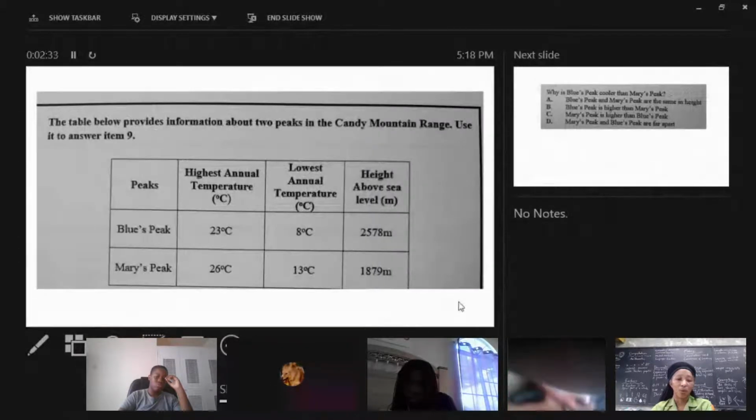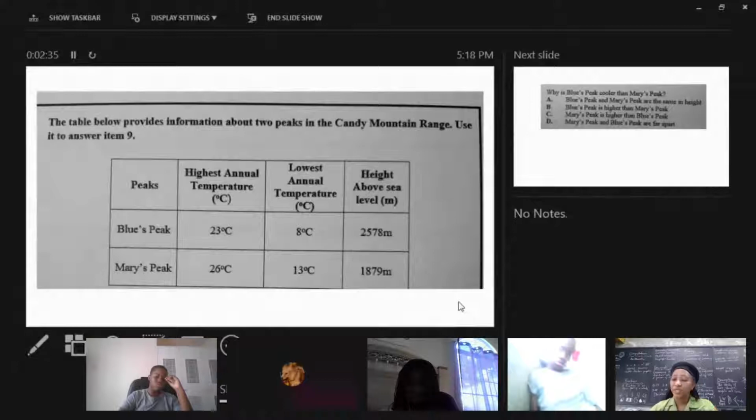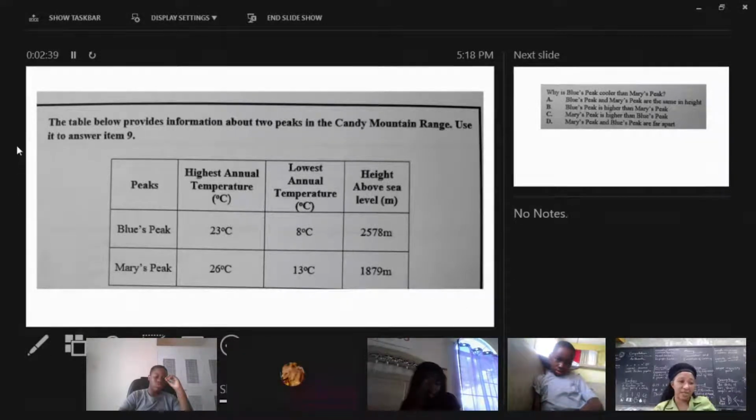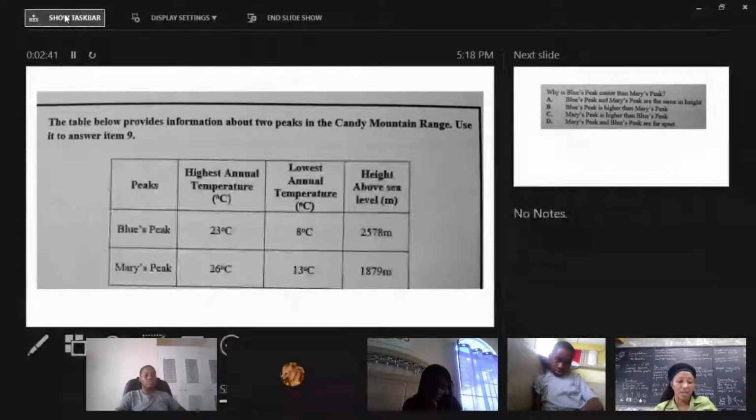All right. So, why is Blues Peak cooler than Mary's Peak? So we see Blues Peak at 8 degrees Celsius, a lower temperature than Mary's Peak, which is 13 degrees Celsius. So why is Blues Peak cooler than Mary's Peak?